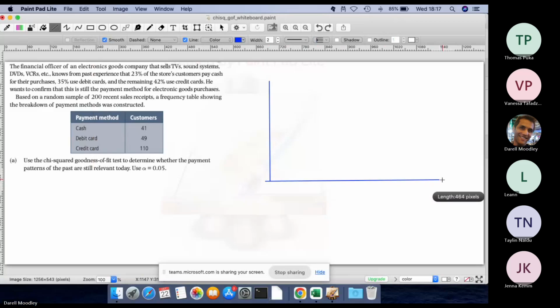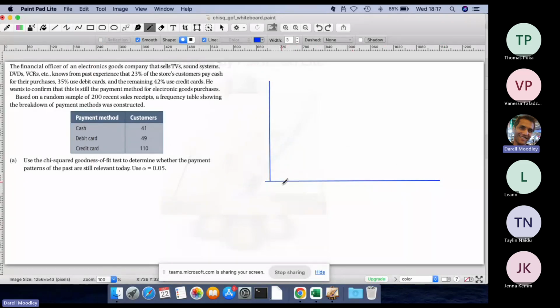Now let's say we have a variable that captures the percentage of people that pay by a certain method. We'll call this variable payment method.